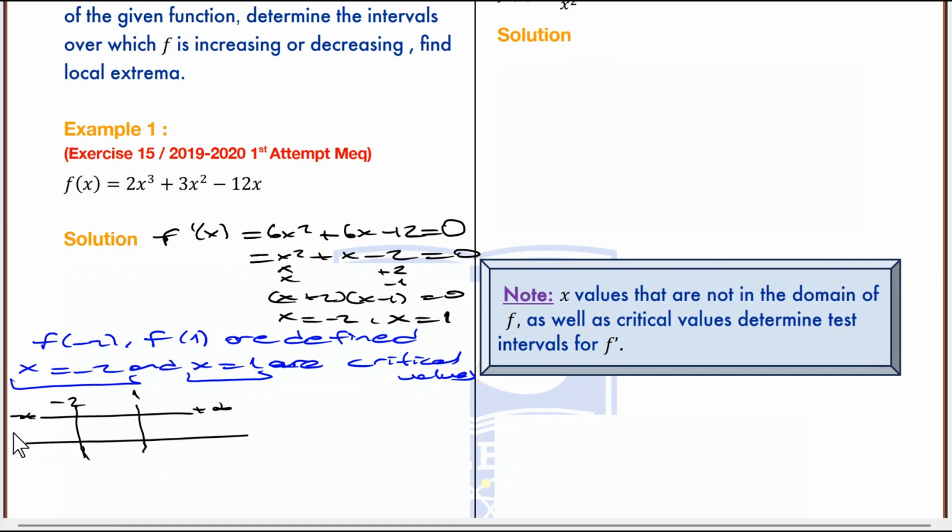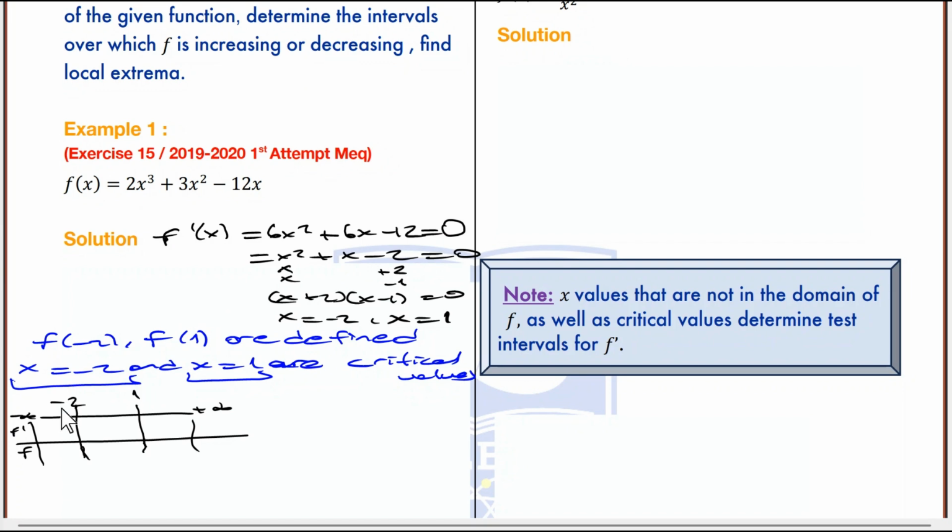Here I have f prime, here f. Okay, so when I pick a number more than 1, put it in the derivative and see what the sign is.